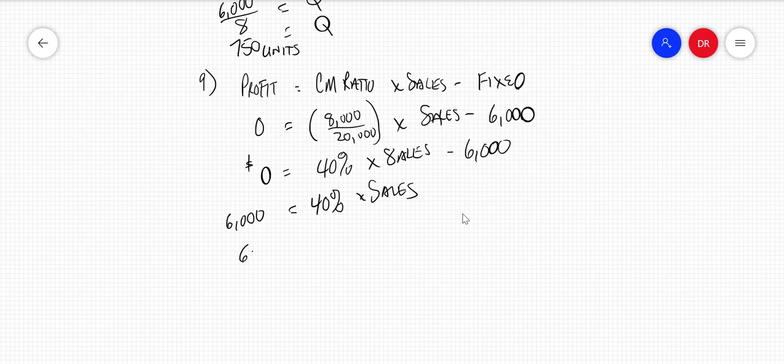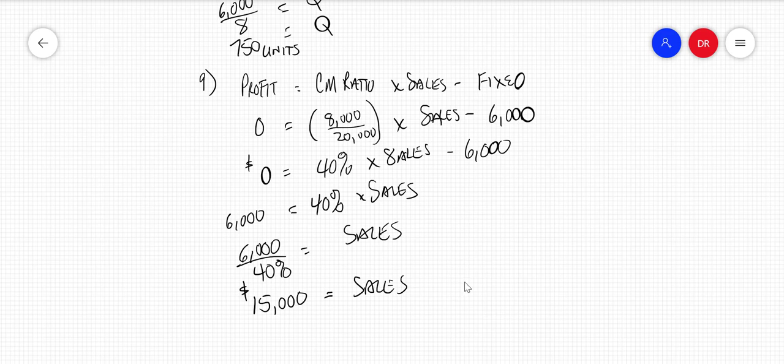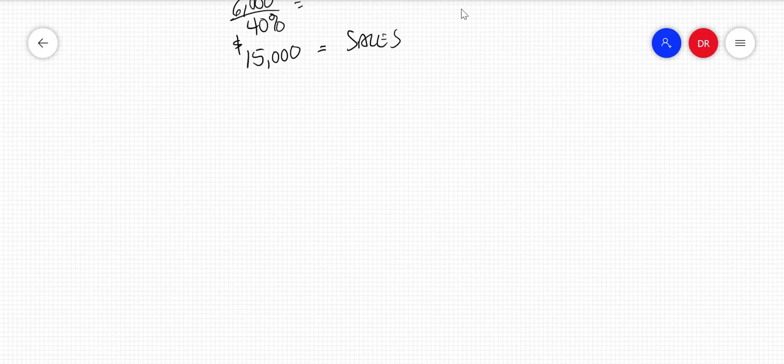We get 6,000 divided by 40%, because we're dividing both sides by 40%, equals sales. When we do that math, we get $15,000 is equal to sales. So basically, we're just taking a formula and mathematically solving that, working down through the formula.